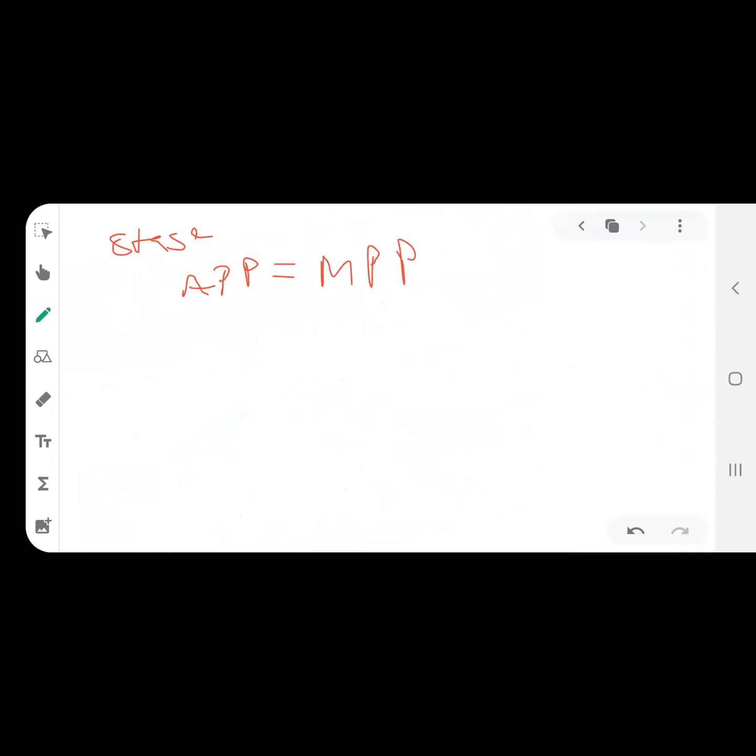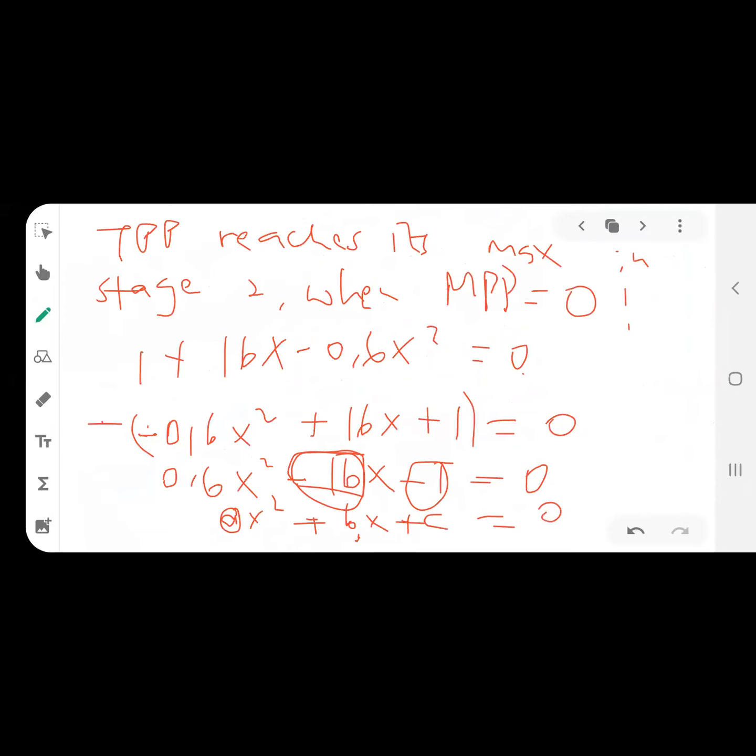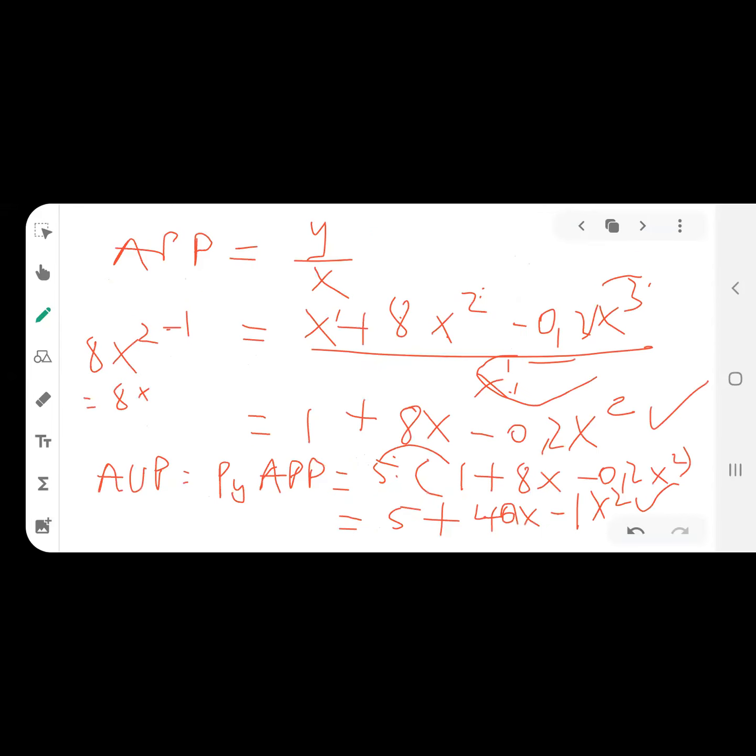So you write that statement and then you equate the MPP and the APP. Your MPP is 1 plus 16x minus 0.6x squared, and your APP is 1 plus 8x minus 0.2x squared.